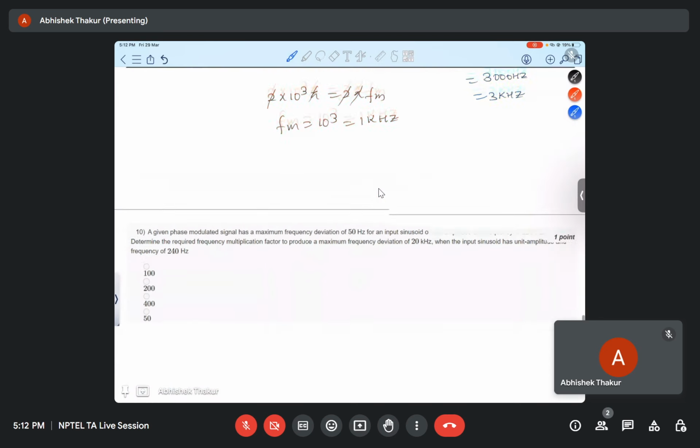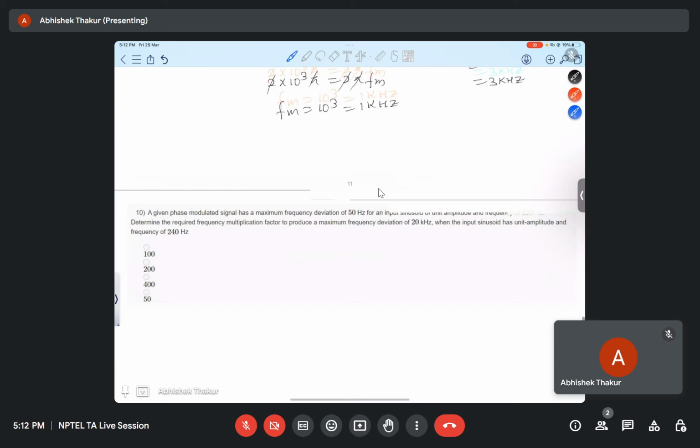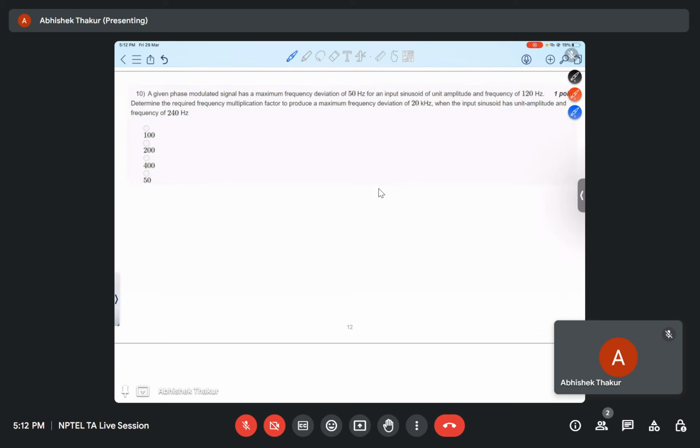Now we'll solve the last question of today's lecture. In this question, a given phase modulated signal has a maximum frequency deviation of 50 hertz. So delta f, the maximum frequency deviation, is 50 hertz, for an input sinusoid of unit amplitude, so Am is equal to 1, and frequency equal to 120 hertz.